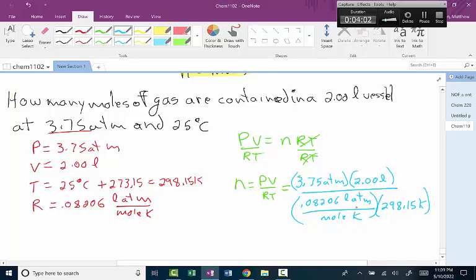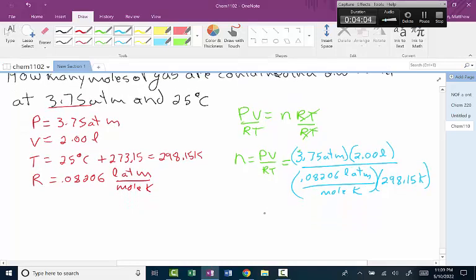And when I do all this and stick it in my calculator, I end up with 0.3065 moles.